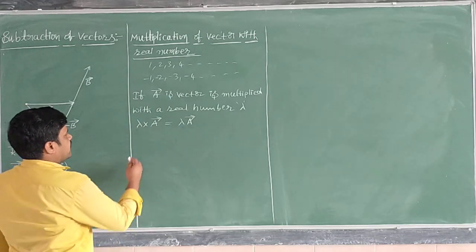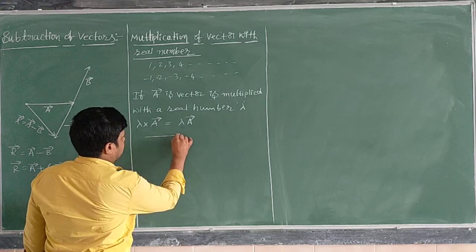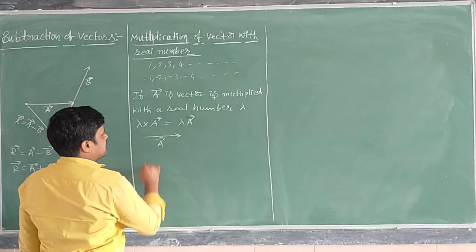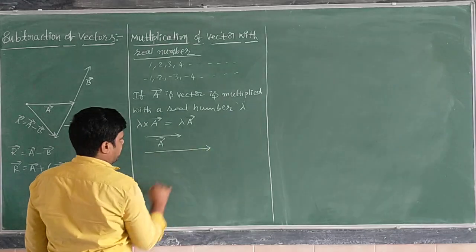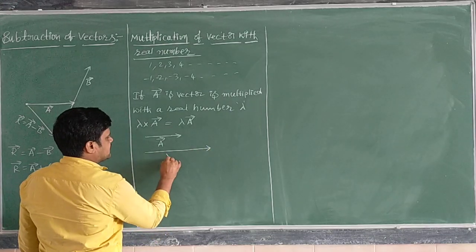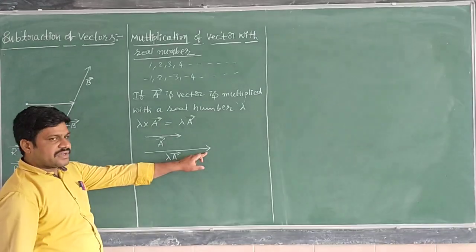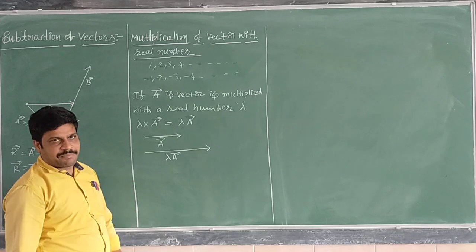For example, this is a vector a bar. Now this vector a bar is multiplied with a real number lambda. In that case the direction of the vector is the same, but its magnitude is increased by lambda times.